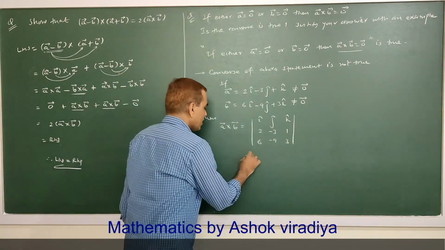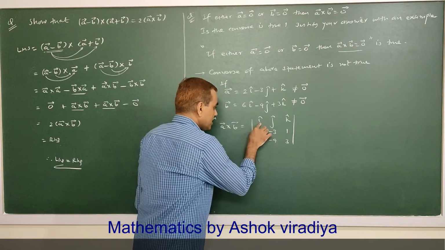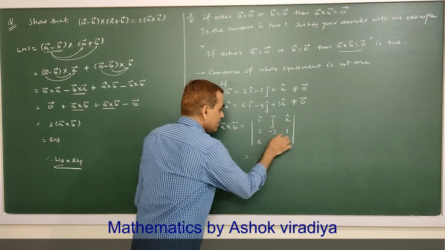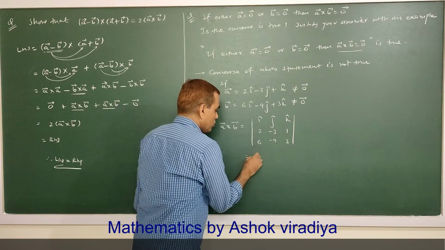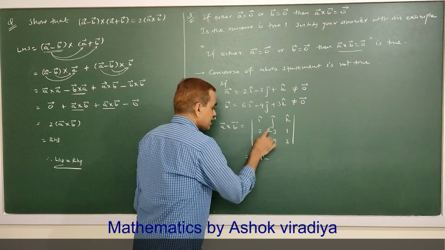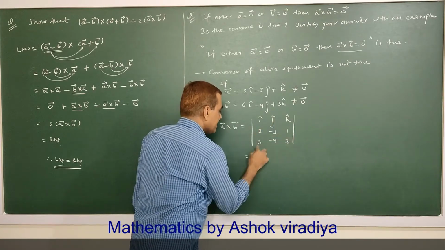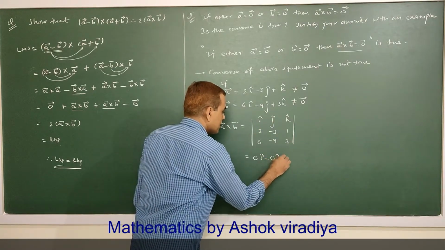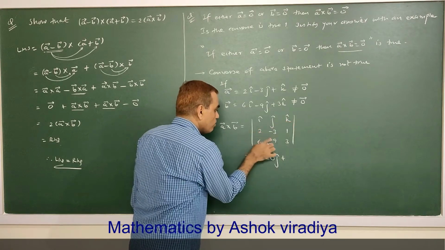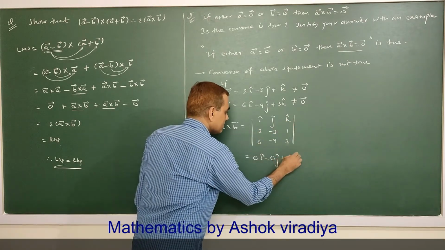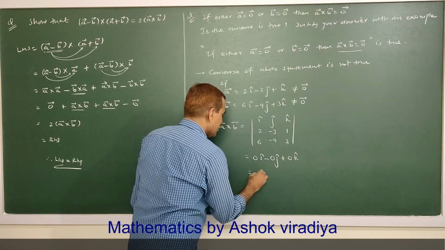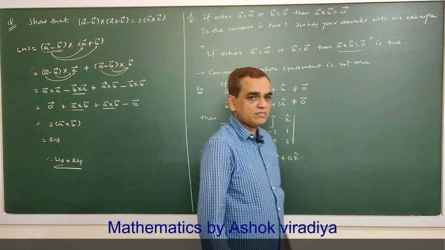So this is equal to i times (minus 9 plus 9), 0 times i, minus j into (6 minus 6), 0 times j, plus k into (minus 18 plus 18). So it is zero vector.